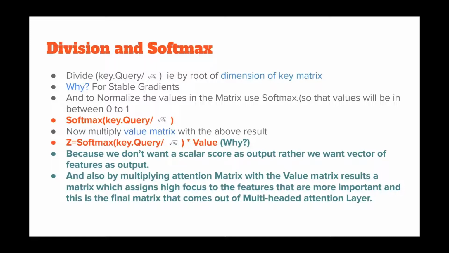For example, if I type a query into a search engine and it tells me that the score of the best matching web page is 0.94, that doesn't help me. I want the actual content of the web page. That's why in the same case, we don't just want the scalar values after the dot product between key and query. We want vector values, so we also multiply with the value matrix.